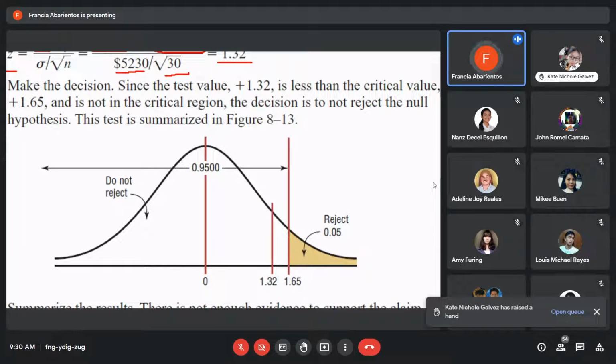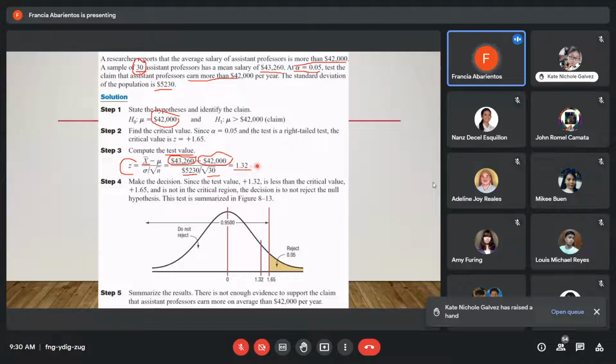But since in the problem, na-compute natin is 1.32, yung 1.32 natin, does not fall on the critical or the rejection region. So, ano yung gagawin natin? So, we need to summarize or conclude. So, do not reject it. So, there is not enough evidence to support the claim. Ito, yung claim natin, that the assistant professor earned more than the average of that.